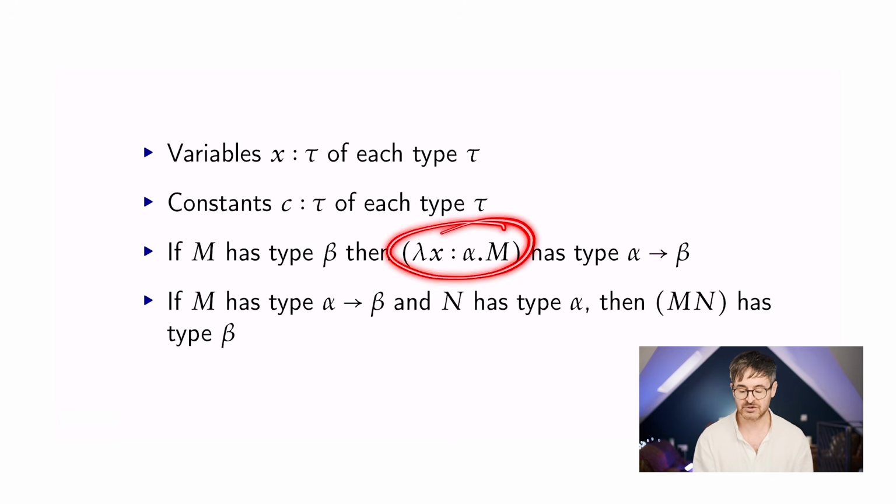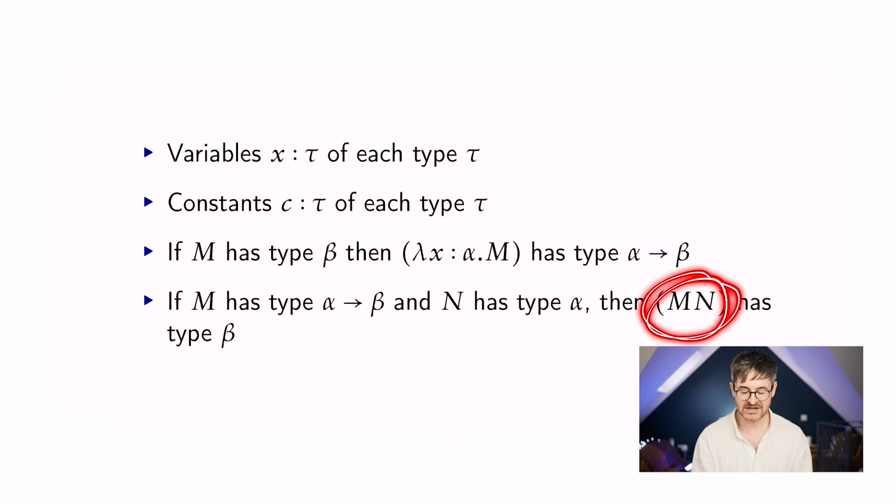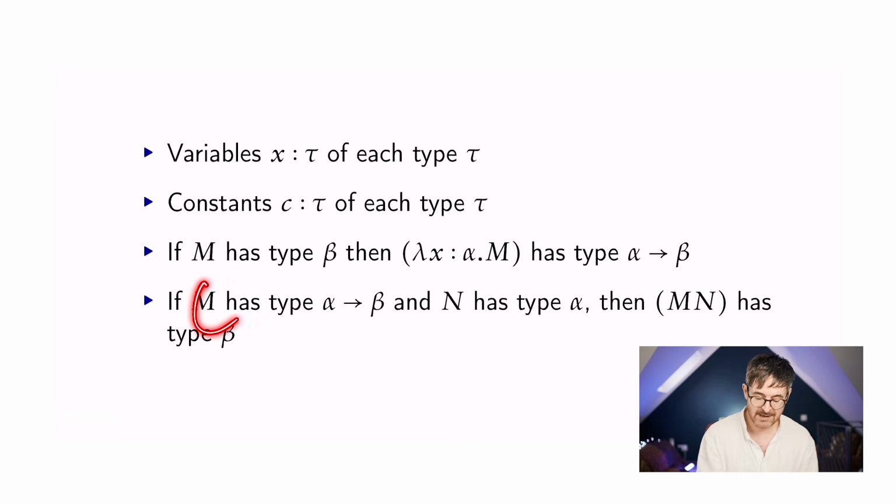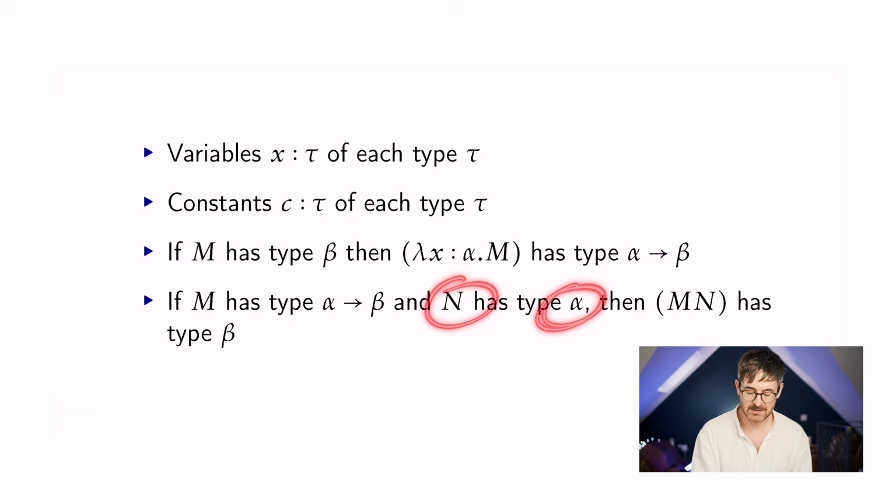Think of this as a function from alpha type things to beta type things, and we can do applications, when m's got type alpha to beta and n has type alpha. Okay, so an application works when the input has type alpha and the function, that's m, has type alpha to beta. So that term should have type beta. That's the output type of a function when the input is type alpha.